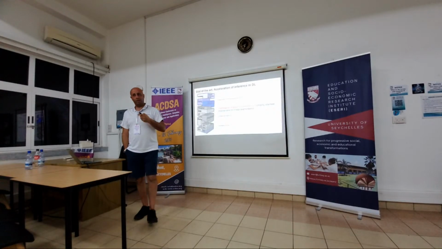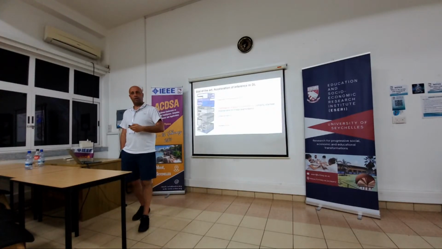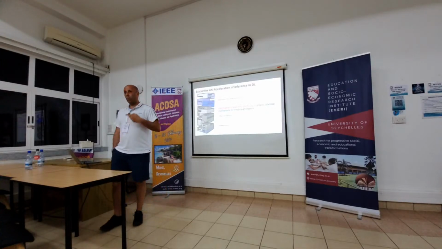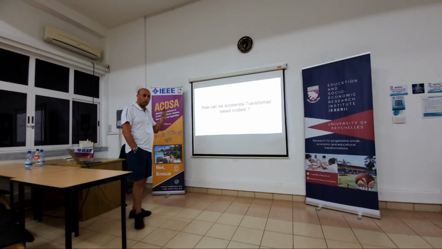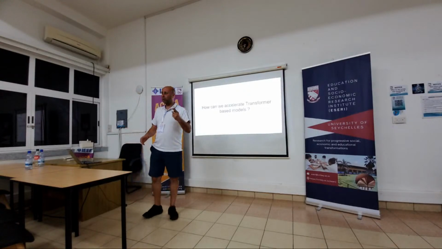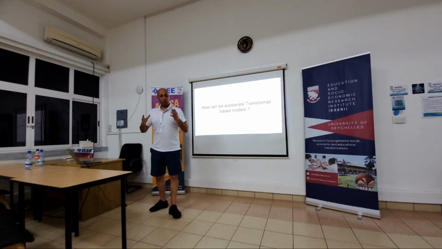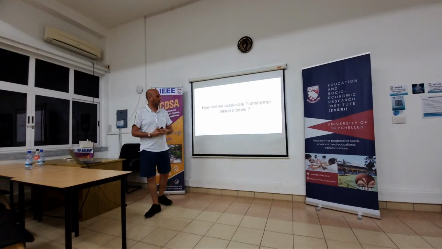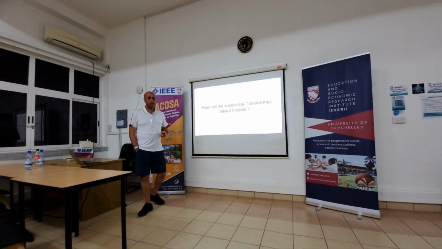We know that the vision transformer gives very good results in semantic segmentation, object detection, and classification. But when we go through deployment, even for real time or embedded systems, it's too complex. So the idea is, how can we accelerate that?